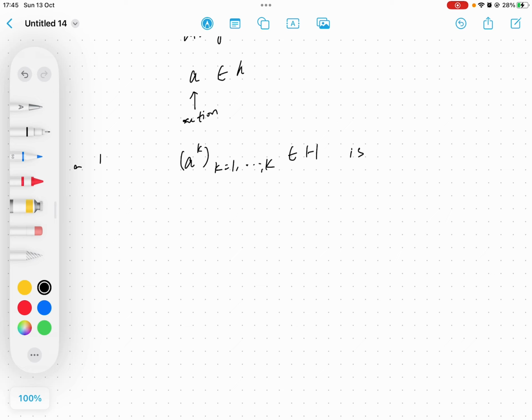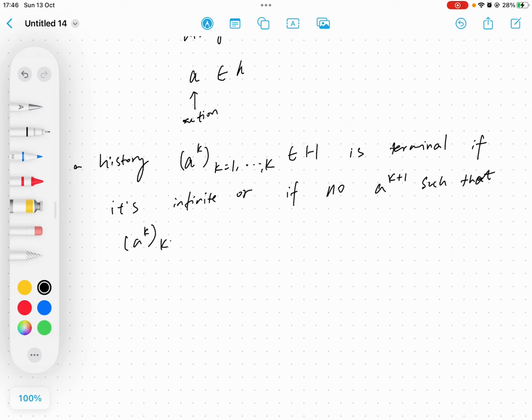So this is a history that is terminal if it's infinite, or if there's no a_{K+1} such that (a_k) from 1 up to K+1 is also in H. Okay, so that would mean that this up to K would be the terminal, right?